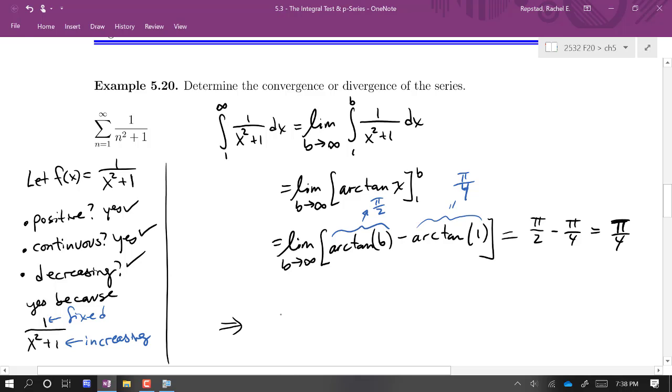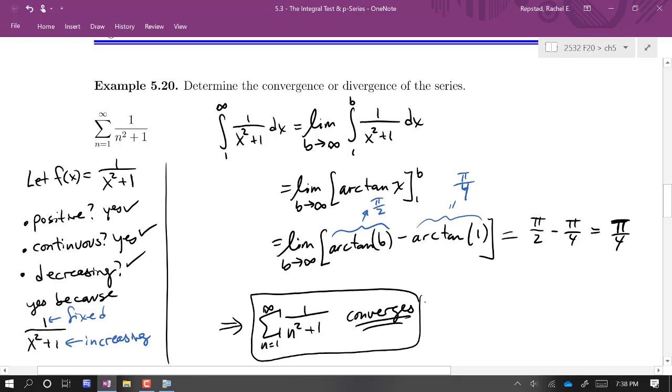That allows us to say that this series, 1 over n squared plus 1, converges. And it allows us to say nothing more. We don't know what it converges to. We know that the integral converges to pi over 4, but the integral and the series are not exactly the same thing.